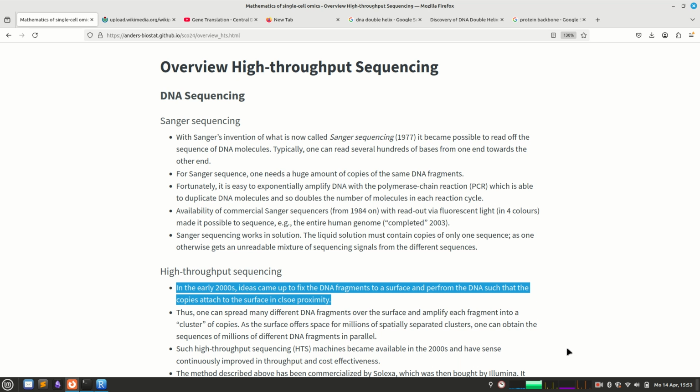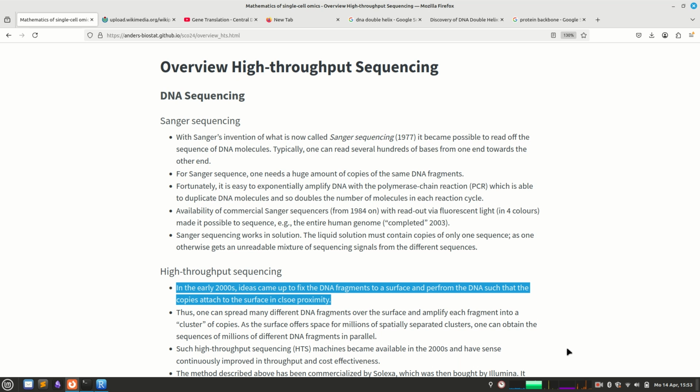Maybe you took the DNA from some cell or from some organism, chopped it up and split it into millions of little pieces, and you spread it out, and maybe one piece ends up here, and one here, and one here, and so on. And the surface of this chip is somehow chemically treated so that these things stick to it.